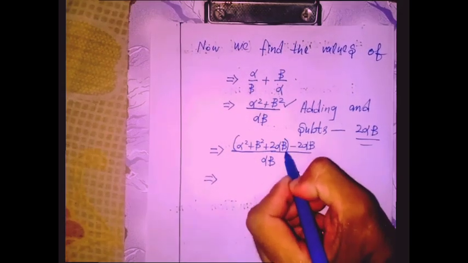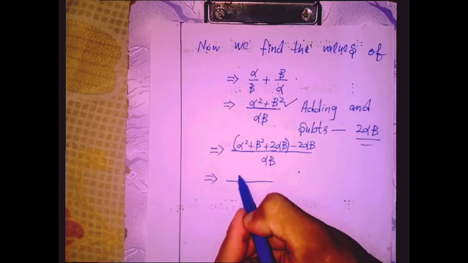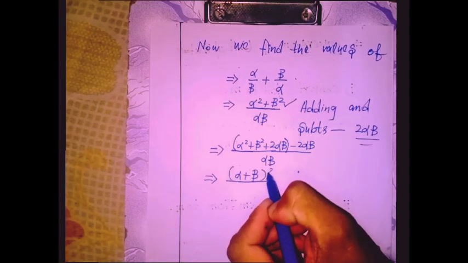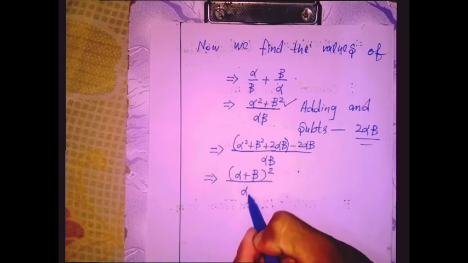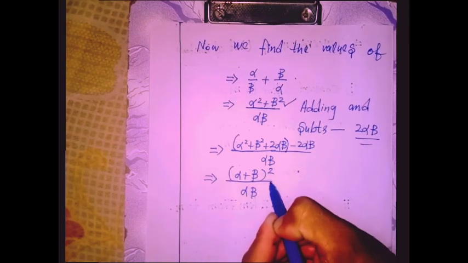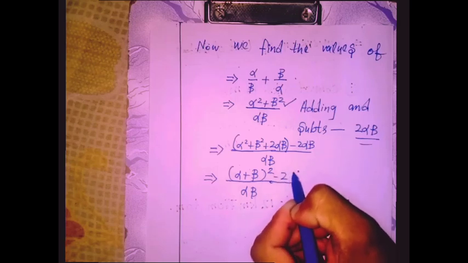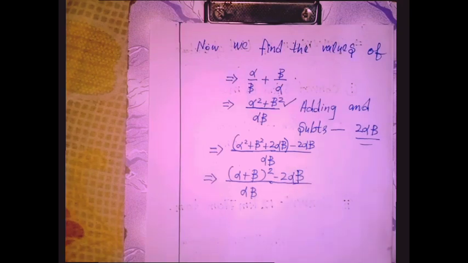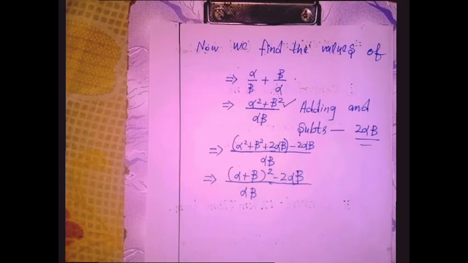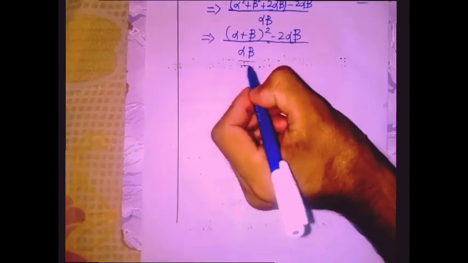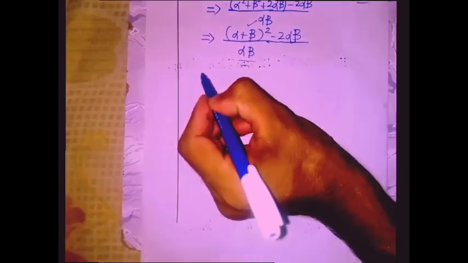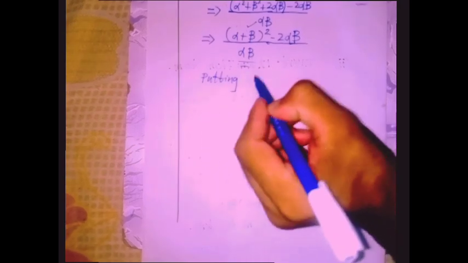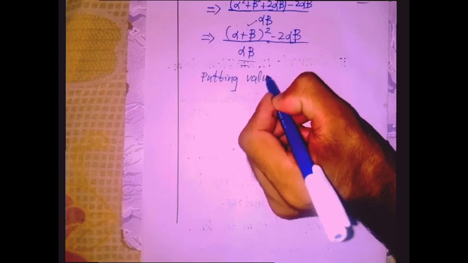And now we know that this is the formula of alpha plus beta whole square. So we can write alpha plus beta whole square divided by alpha beta, minus 2 alpha beta divided by alpha beta. So here we have to put the values of the sum of roots and product of roots.